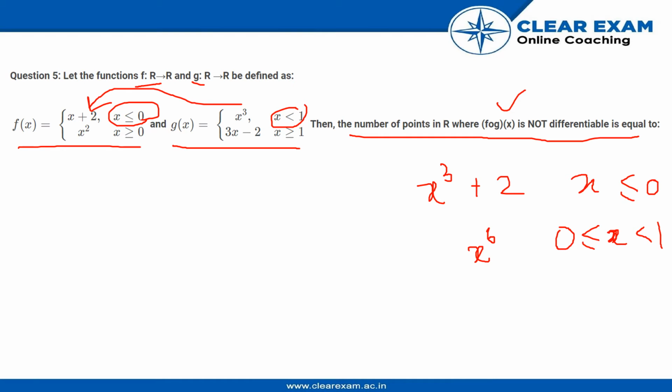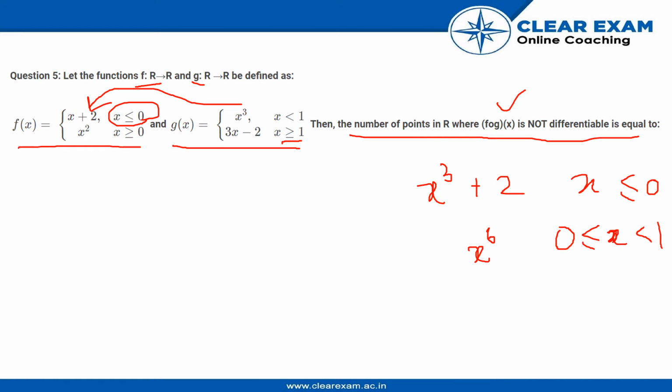Now we move on to x greater than or equal to 1. If you put it in the first case, this will not satisfy because we have x to be less than or equal to 0 in this case and greater than or equal to 1 in this case. So no function here has the same domain. But looking at x greater than or equal to 1 and x greater than or equal to 0, f of x satisfies this inequality, since x greater than 1 means x is positive.